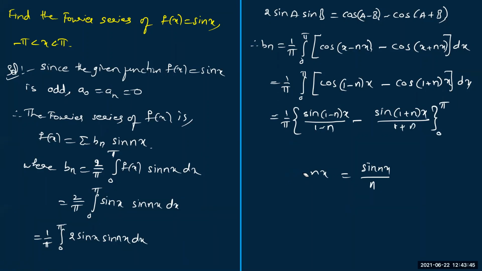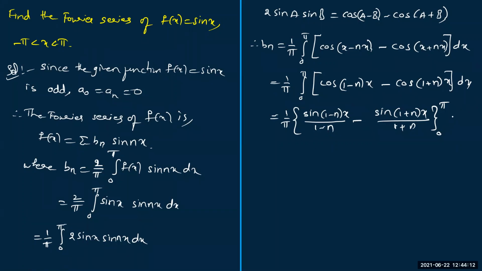Now, look at this function carefully. After integrating, we got a 1 minus n in the denominator. What if we take n equal to 1? Normally, while calculating bn, n takes values from 1 to infinity, so it must be valid even when n equals 1. But if you take n equal to 1, we get a 0 in the denominator.